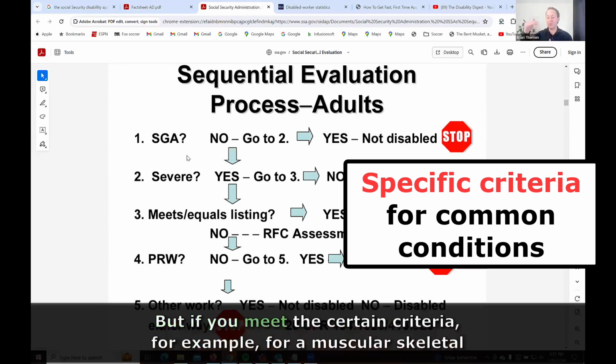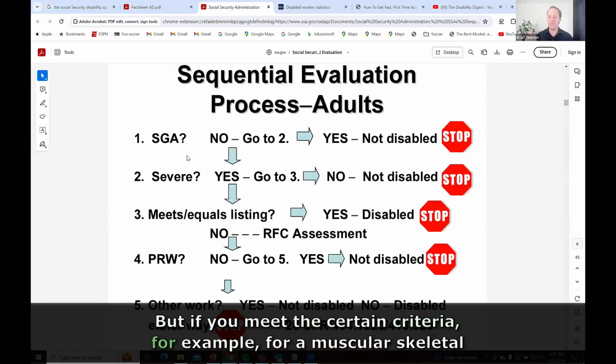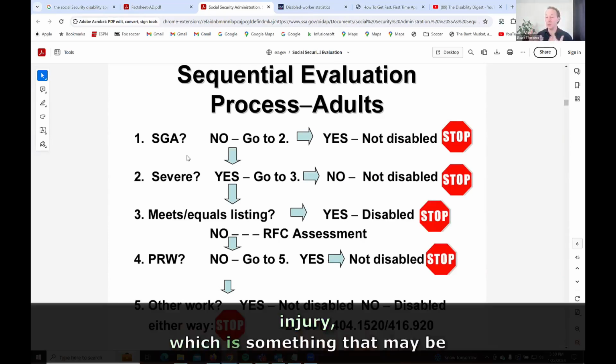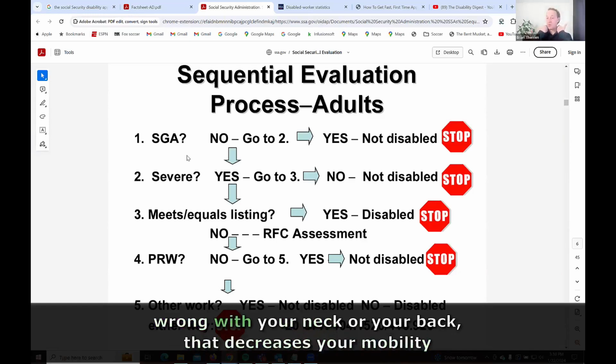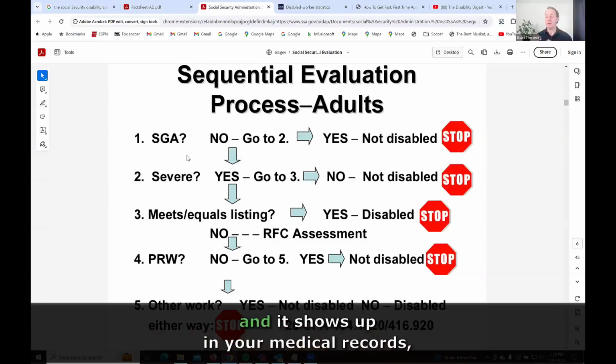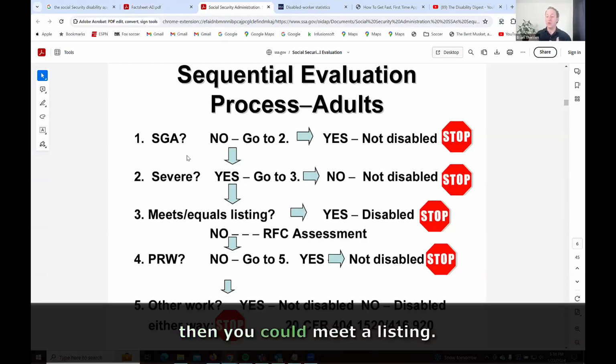But if you meet the certain criteria, for example, for a musculoskeletal injury, which is something that may be wrong with your neck or your back, that decreases your mobility, and it shows up in your medical records, then you could meet a listing.